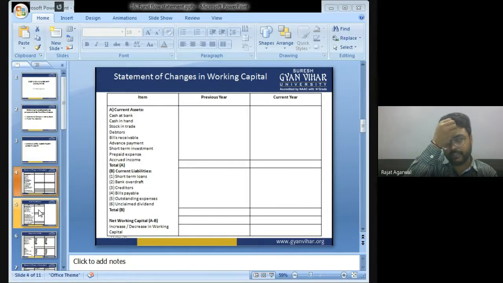In the statement of changes in working capital, we will consider only current assets and current liabilities. First we will write all the current assets, then all the current liabilities. Current assets minus current liabilities is net working capital. Then we will see whether it is increased or decreased. If it is increased, we write increase in working capital.